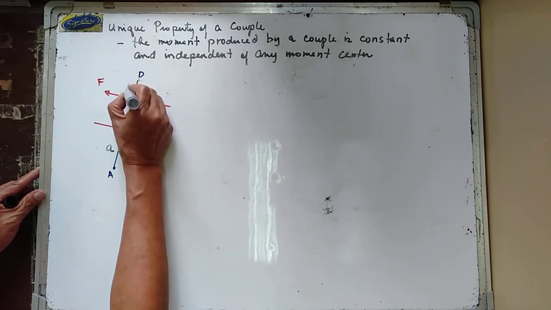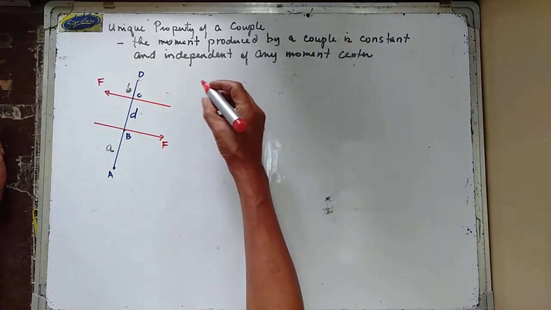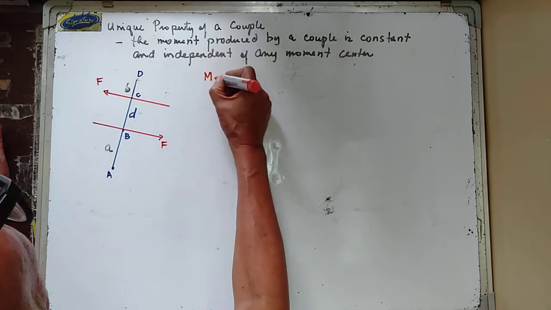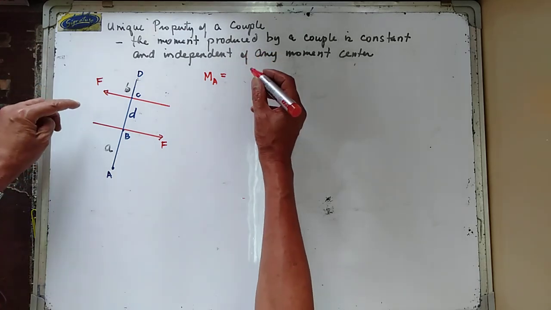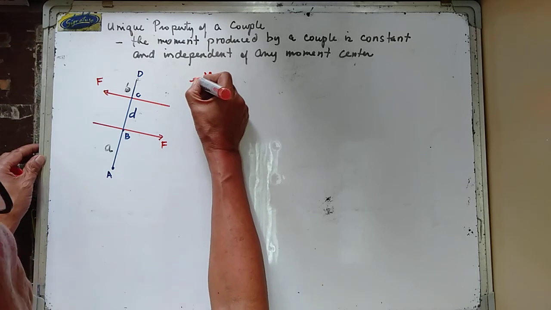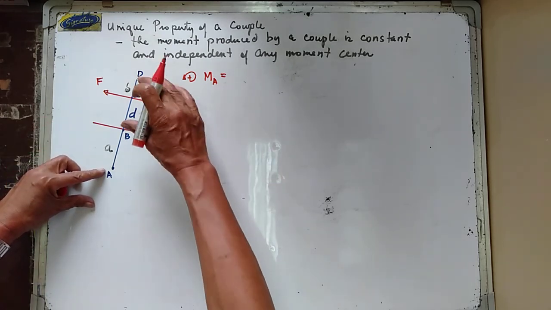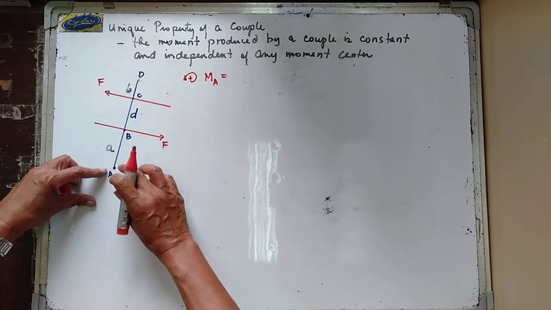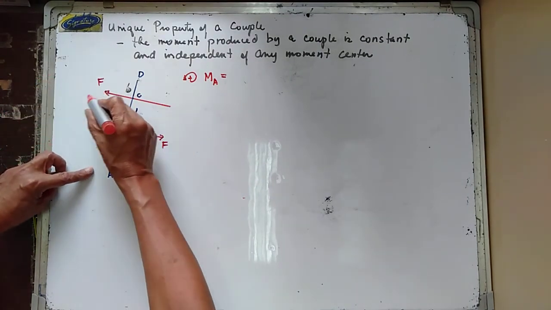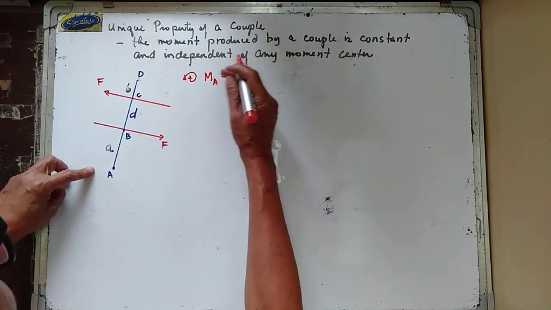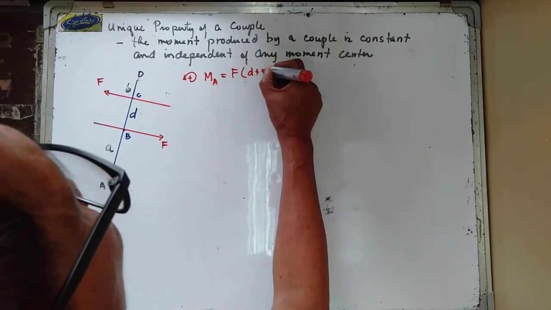So if you try to get the moment about point A, the moment of the couple about point A, considering counterclockwise moment as positive, is equal to, let's start with the first one in here, F multiplied by the moment arm, D plus a.